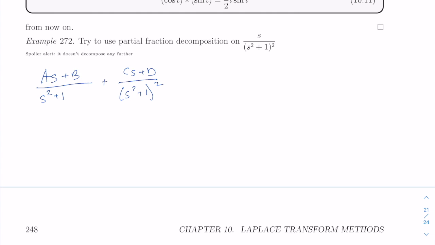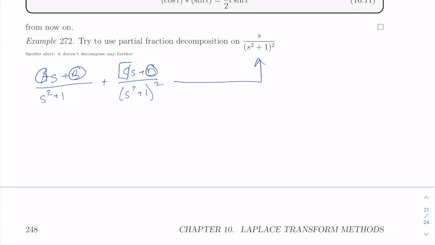Now, do I want to go through the whole thing? I don't know that I do. So here's going to be the deal. When you go through all of this, you're going to end up with C being 1 and A, B, and D all being 0. And what that means is that you just get this thing back again. So it doesn't actually decompose any further, okay?